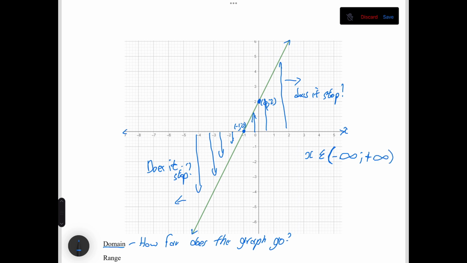We use round brackets here because it does not include that number. Or in simple terms, because it takes all the numbers that exist, x is an element of the real numbers. So that could be your domain for a linear function.